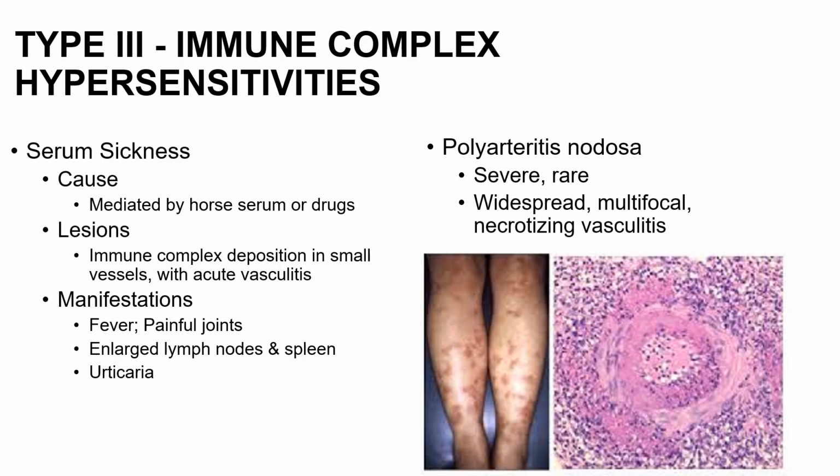Because multiple vessels are involved, symptoms vary depending on which organs lose blood supply. From a pathology perspective, this explains why polyarteritis nodosa often presents with patchy tissue necrosis, ischemic injury, and inflammation centered on vessels. This is a great example of how immune complex deposition directly translates into structural damage you can see under the microscope.